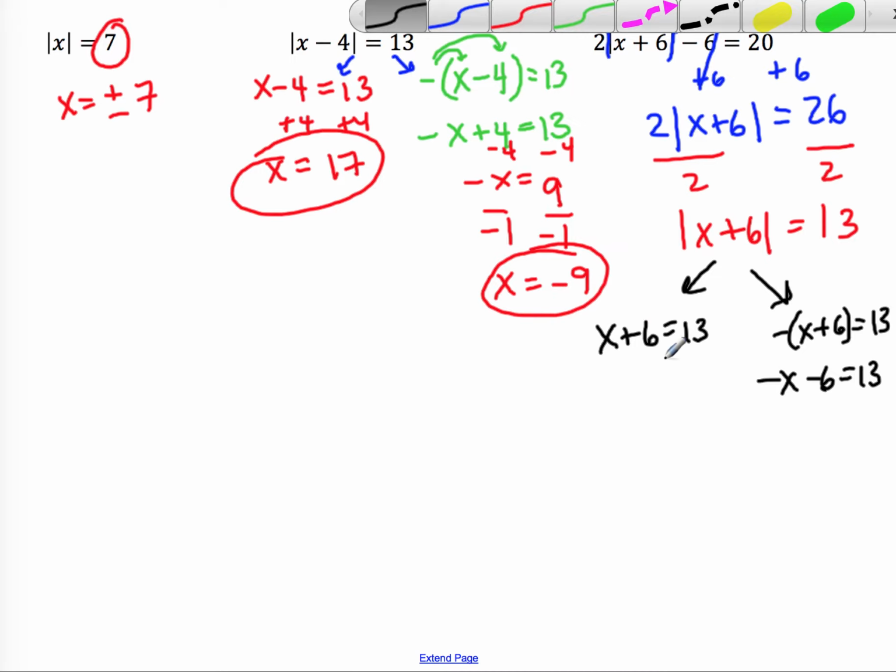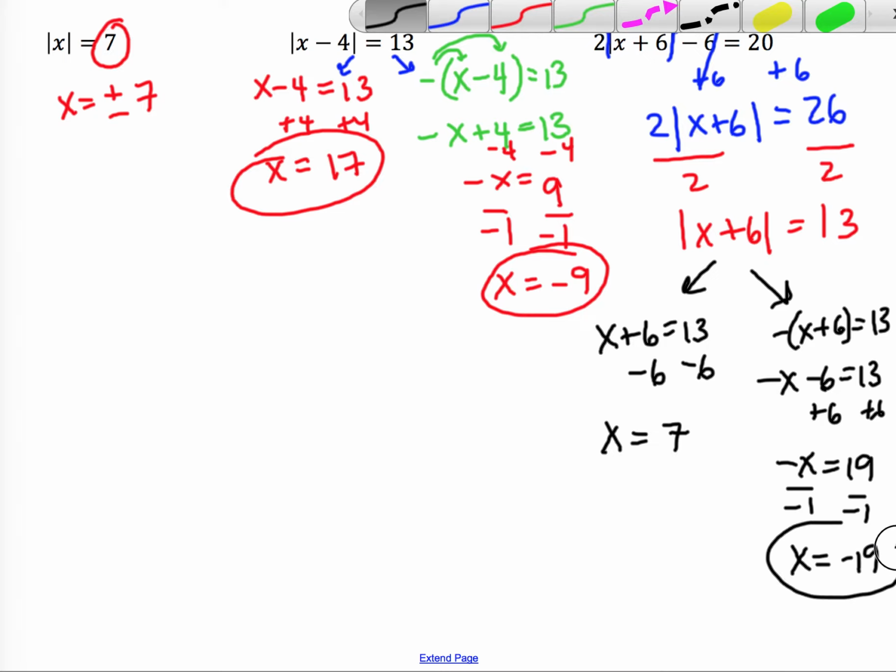If we go back and solve this one, we subtract 6 and get x equals 7. And here, if we add 6 to both sides, we have negative x equals 19. And there's our 2 solutions.